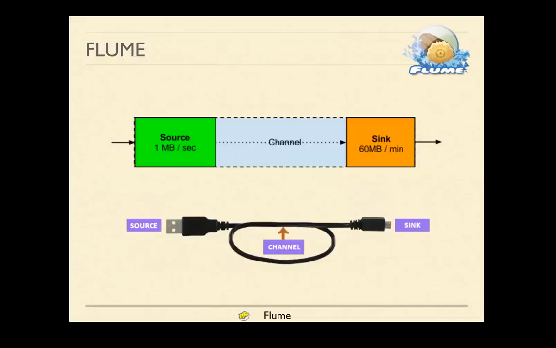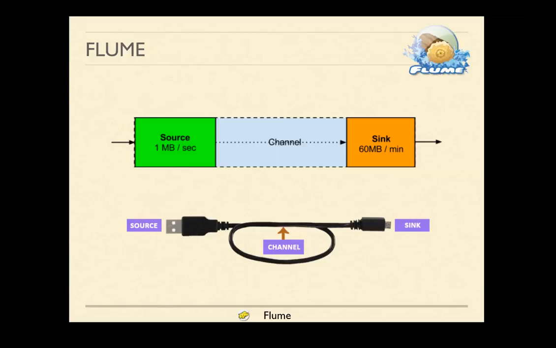A Flume agent is made up of source, sink, and channel. Why are there three parts? Imagine your USB cable, it's actually the way a Flume agent is designed. A Flume agent is a software component which has three parts: one is source, another is sink, and the third one is channel.